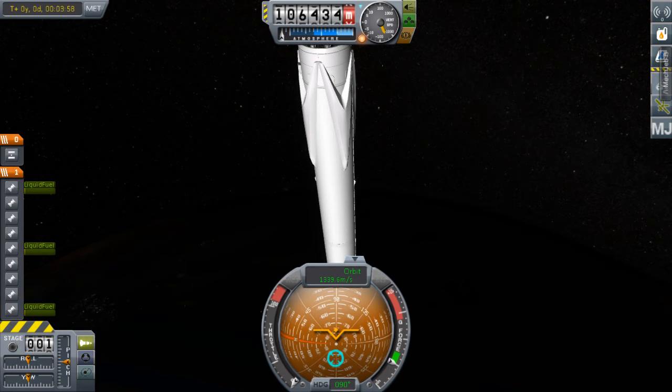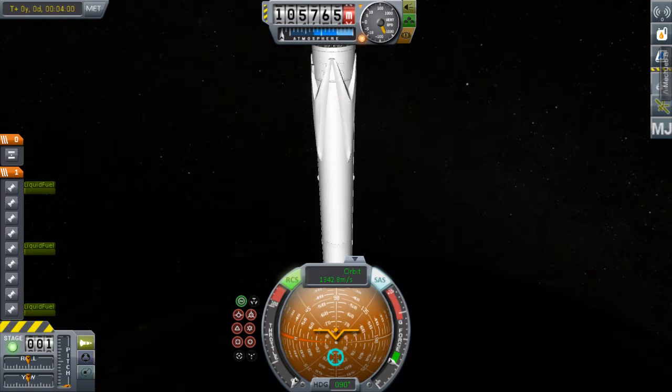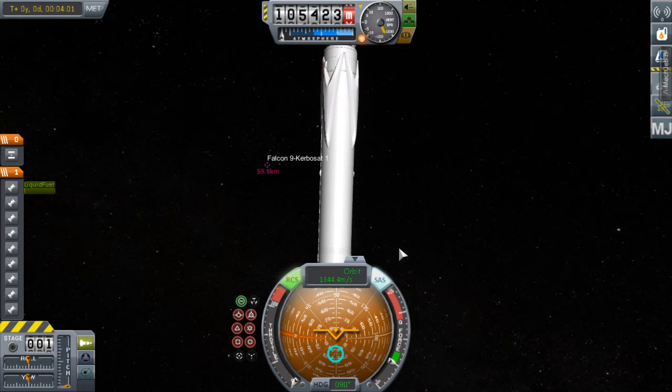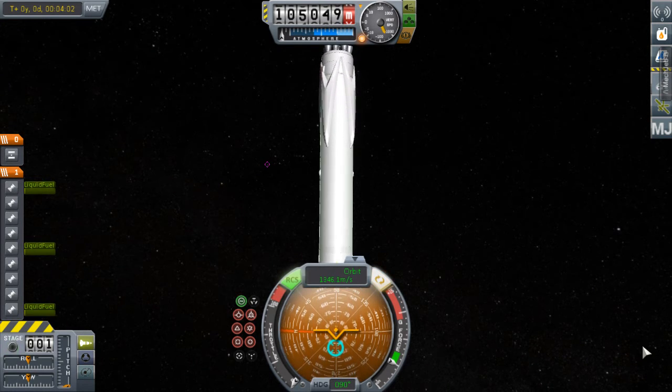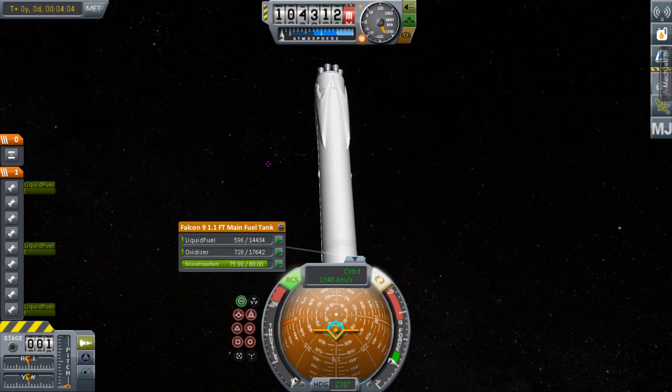Shutdown of the 6 main engines. Beginning the flip for the landing sequence.